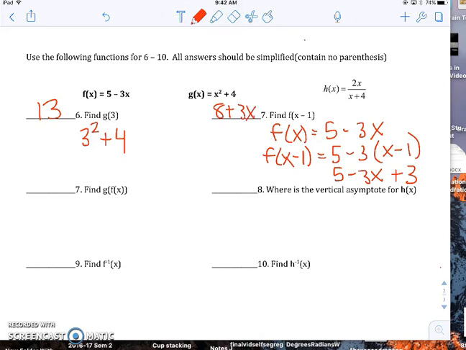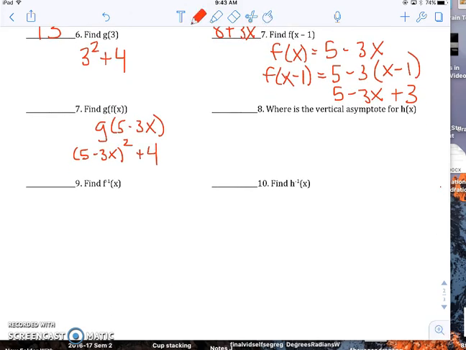Next we have g of f of x. So this is g of 5 minus 3x. If we plug that in there, we're going to have 5 minus 3x squared plus 4. But it says simplify without parentheses. So now we have 5 minus 3x times 5 minus 3x plus 4. If we multiply that out, 5 times 5 is 25.